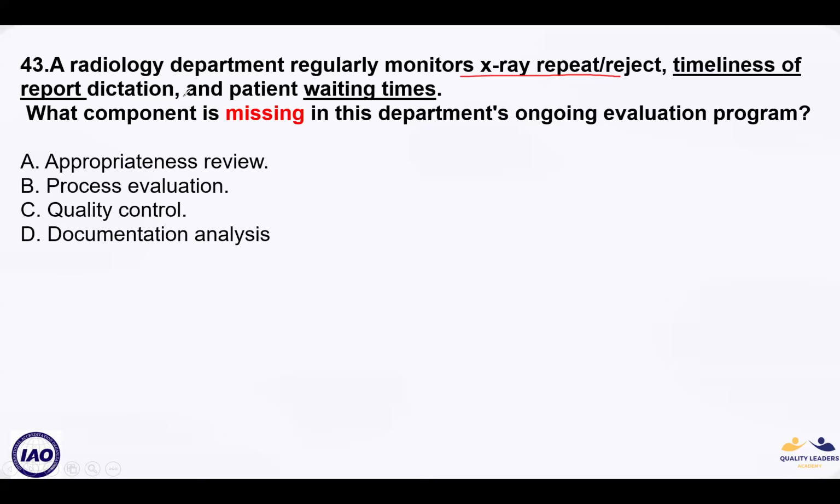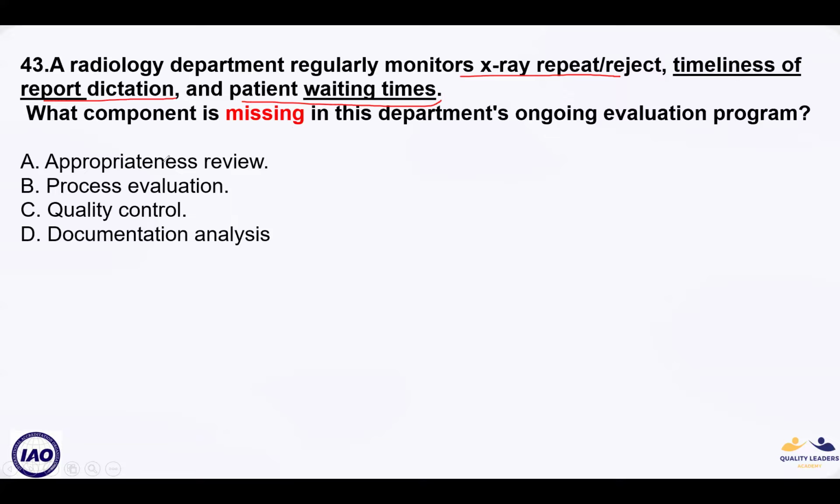They are also monitoring timeliness of report dictation. It's a clinical activity, a process related evaluation. And also measuring the patient's waiting time. Again, this is also a process evaluation, because waiting time is service delivery timeline, process evaluation.